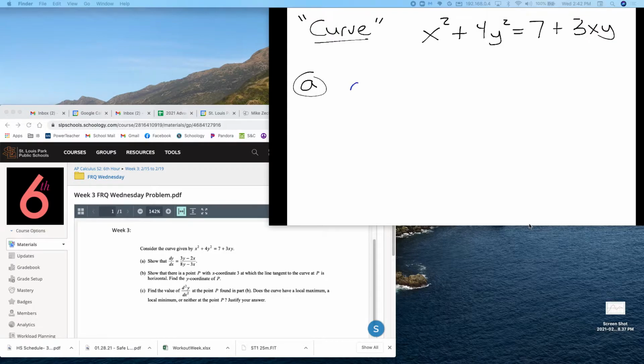The derivative of this is 2x plus 8y times y prime, equal to, now the derivative of 7 is 0, then you differentiate the 3x, so you just get 3y, plus, now you leave the 3x and you differentiate y and you get y prime. Now, that's the first step.